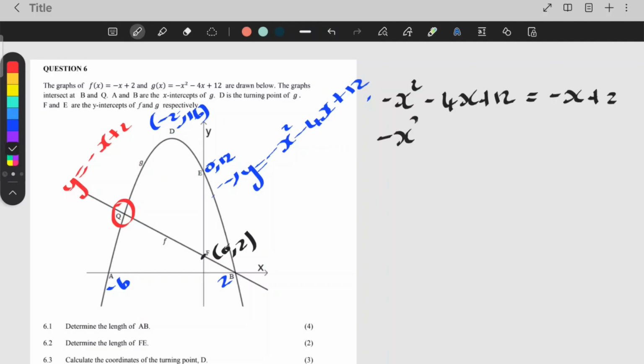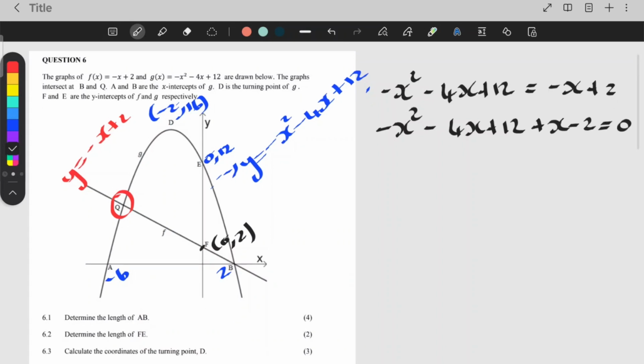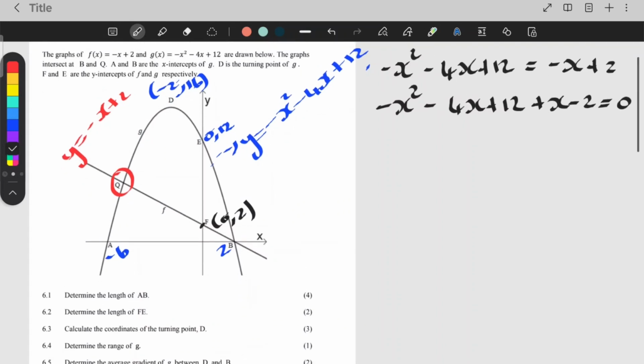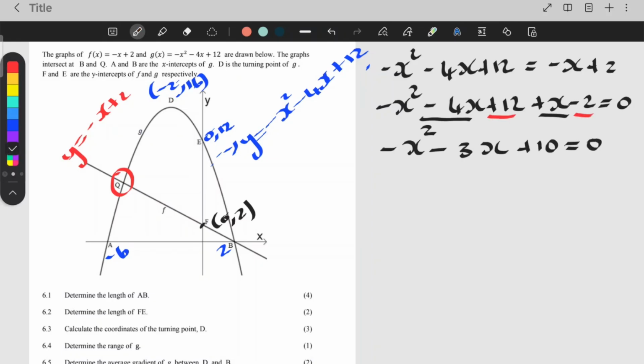So I'm going to bring everything over to the one side. So this is plus x minus 2 equals 0. Then I'm going to add the like terms. So negative x squared. This and this will give me negative 3x. And then this and that will give me a plus 10 equals 0.